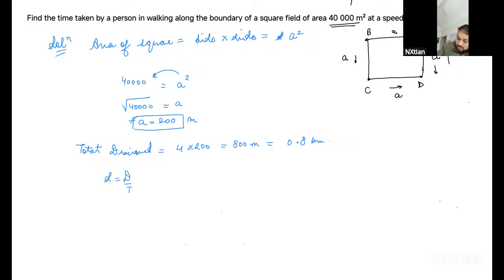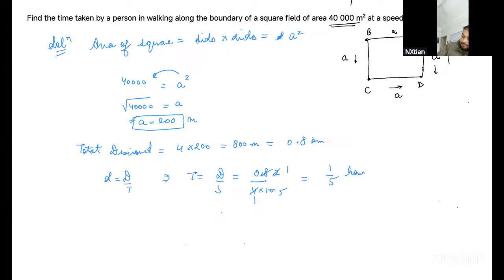So the time is equal to distance upon speed. Distance is given 0.8 upon speed is given 4. So it will become 1 by 5 hour.